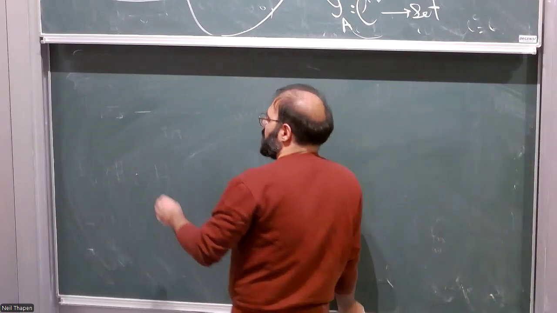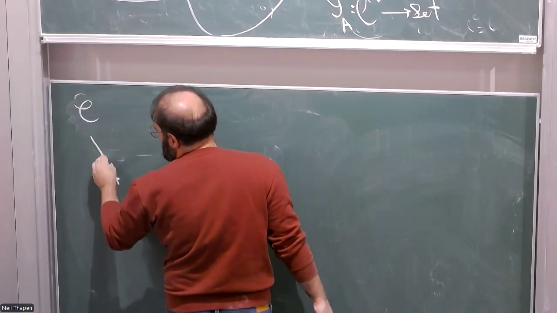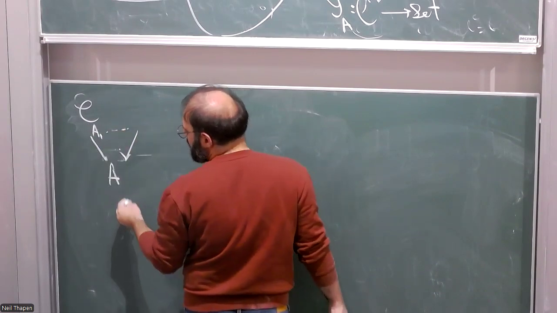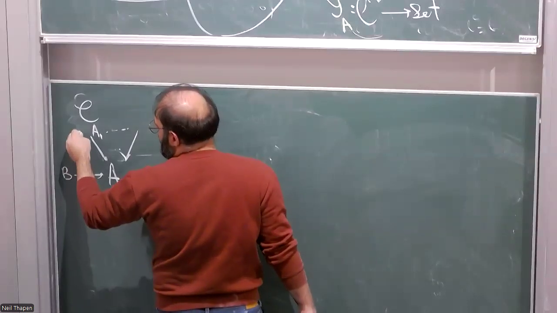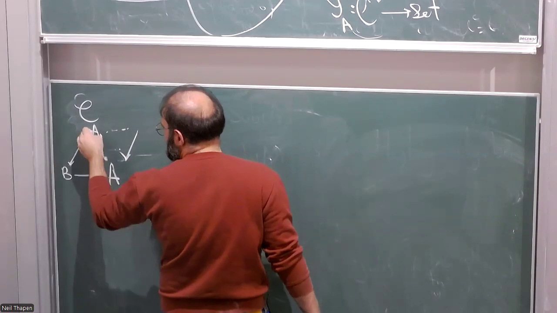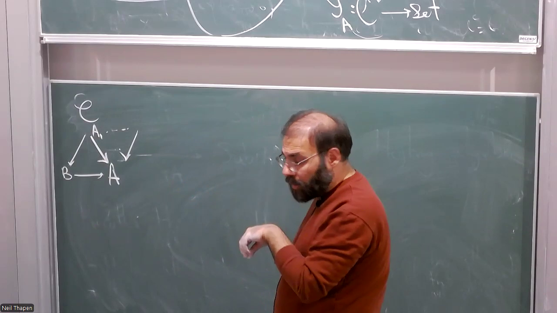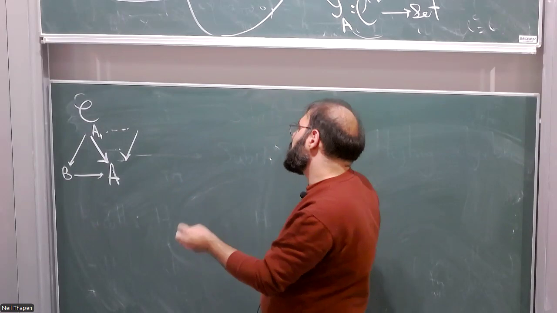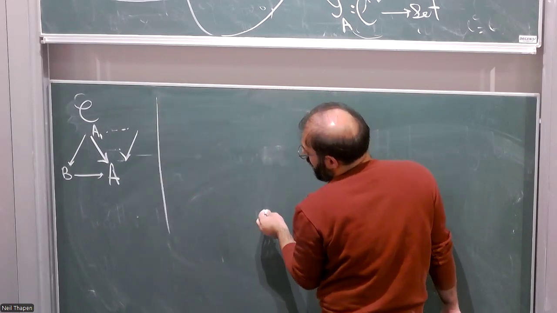C is just an arbitrary category, and you have A, and you say that some family A1, etc., which can be infinite, is covering if for any B there exists one of the AIs and one map such that this guy factors through B, right? Which is kind of weird. You have to check it is a covering. We did it. I won't. But maybe the example that I used before helps.